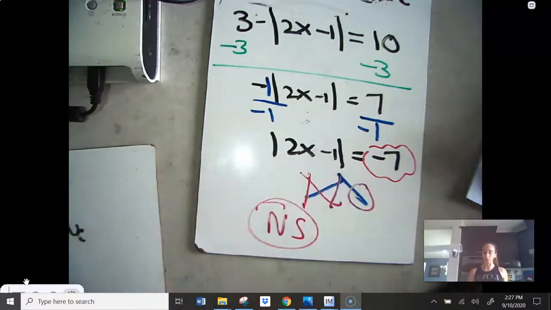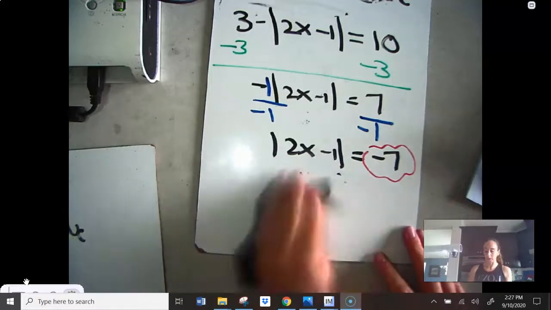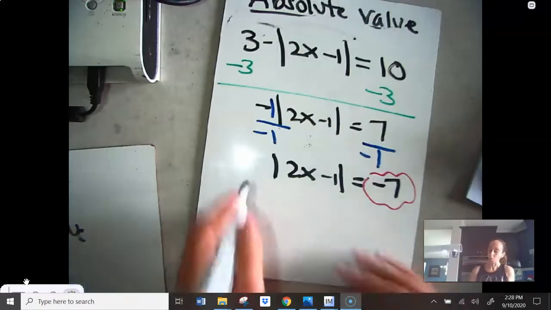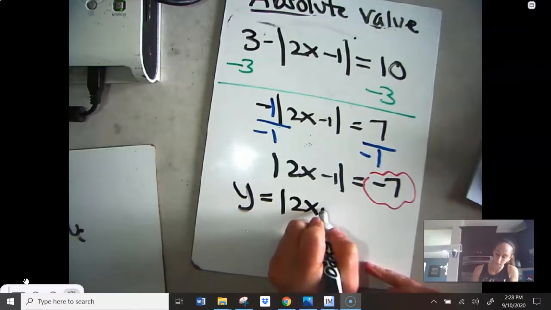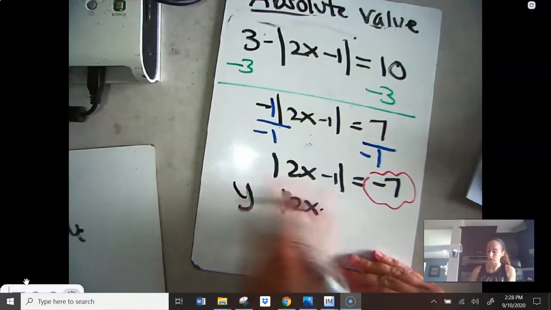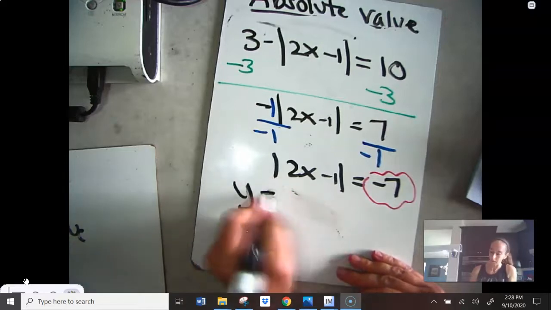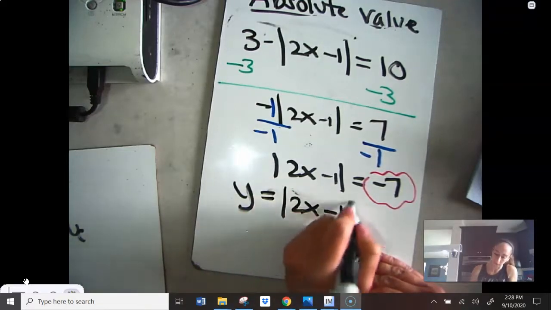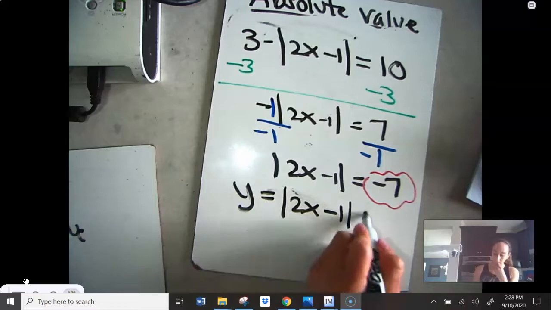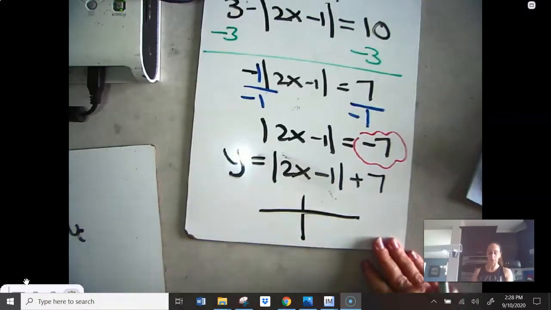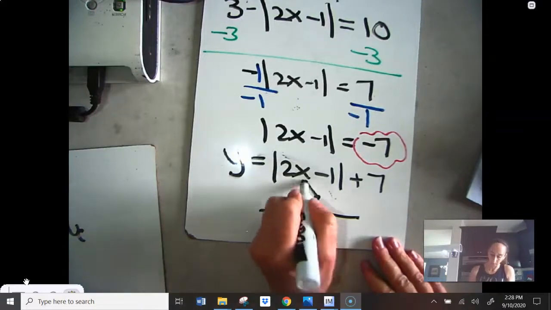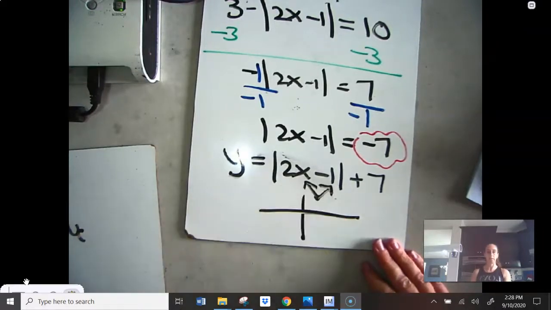What if I gave you this, but this time I said y is equal to the absolute value of 2x minus 1 plus 7. If you graphed this, it would be here, and it would be like that.